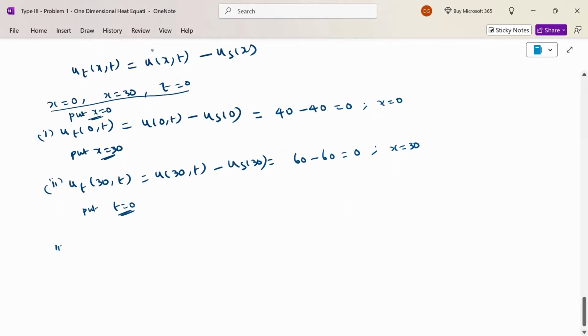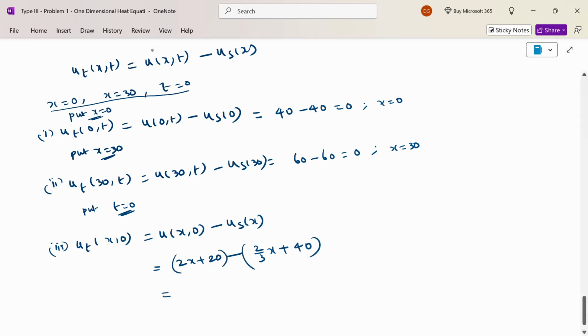Third condition: u_t of x comma 0 is nothing but u of x comma 0 minus u_s of x. Now you substitute the u of x comma 0 value, which is 2x plus 20, minus u_s of x, which is 3 by 2 x plus 40.